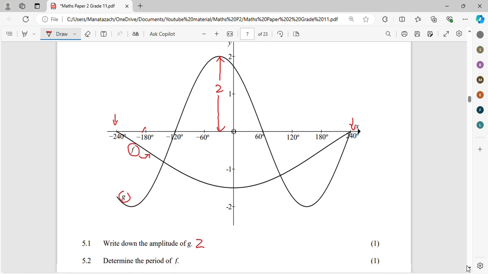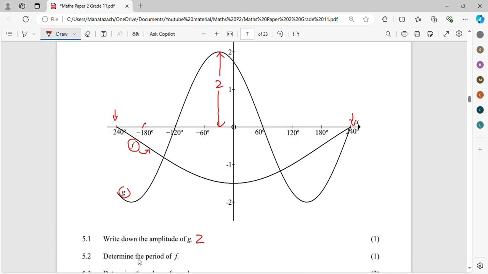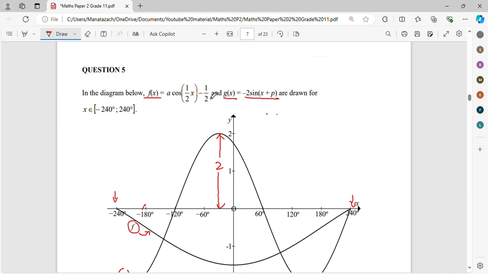And then determine the period for f. Okay, f is the other graph, which is the cos graph. We can have a look at the graph itself. The number here, that is the coefficient of x, is the one that determines the period. The normal cos graph has a period of 360 if you were to draw it. As you know, the normal cos graph will look something like this.